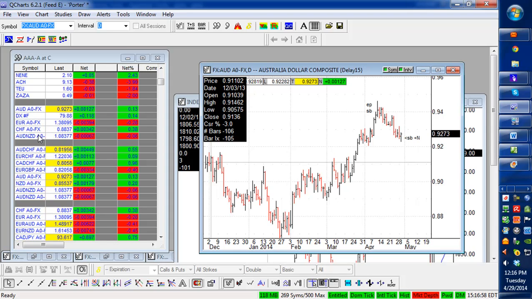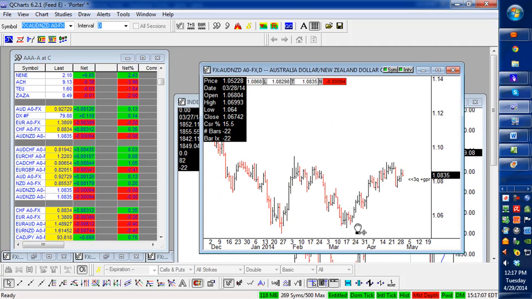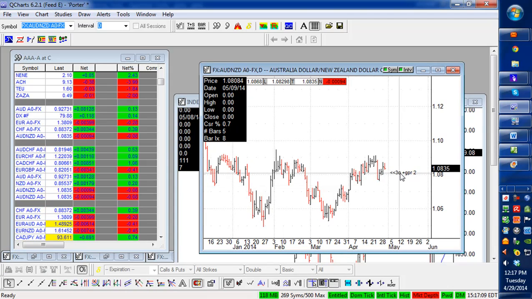I'll take a look at something like this and say, well, I have the Aussie dollar, I have the New Zealand dollar. Let's see what happens when I put them together. When I put them together, I've got a sell signal here. What does this mean? It means to me that the New Zealand dollar is going to be much stronger than the Aussie dollar, because this is an AUD over NZD.